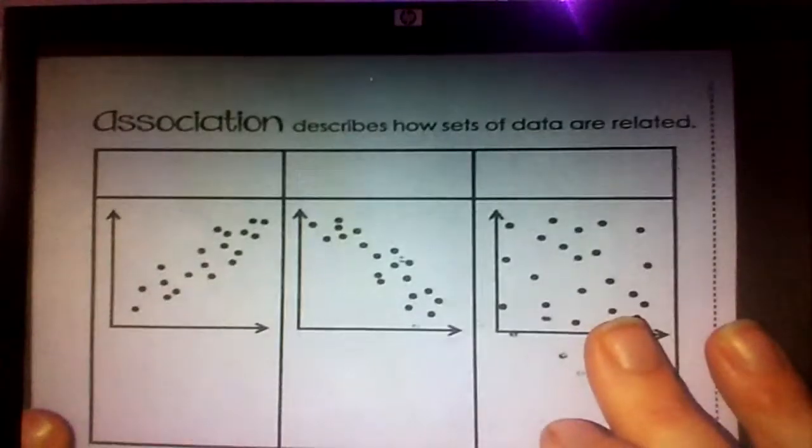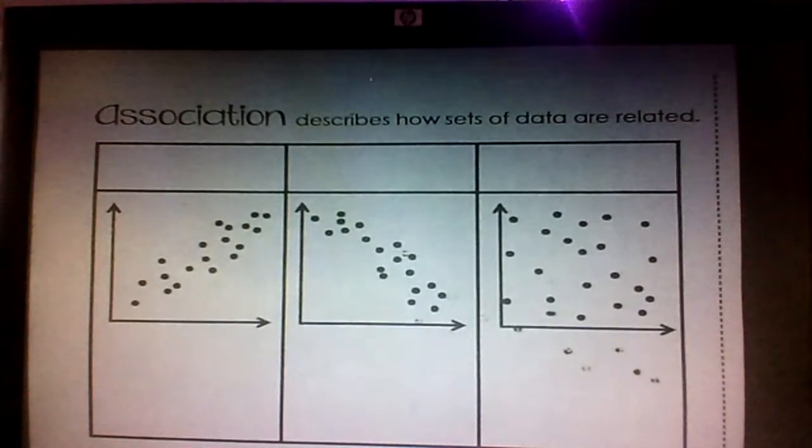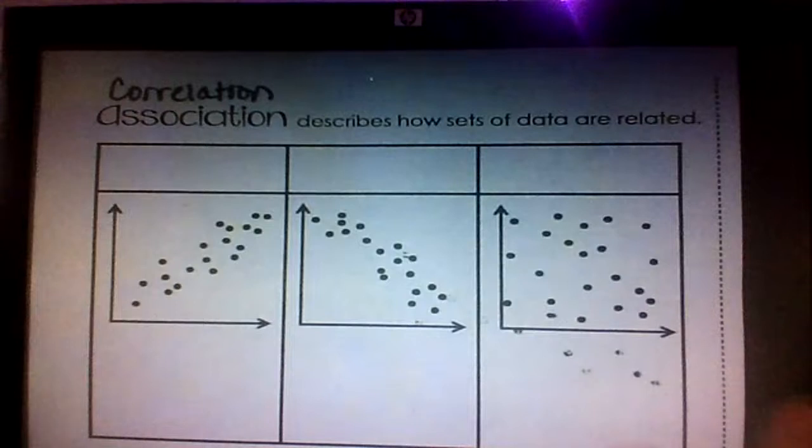So when you flip, they're calling it an association on this one. This is the same thing as a correlation. They can interchange those two words, association and correlation.